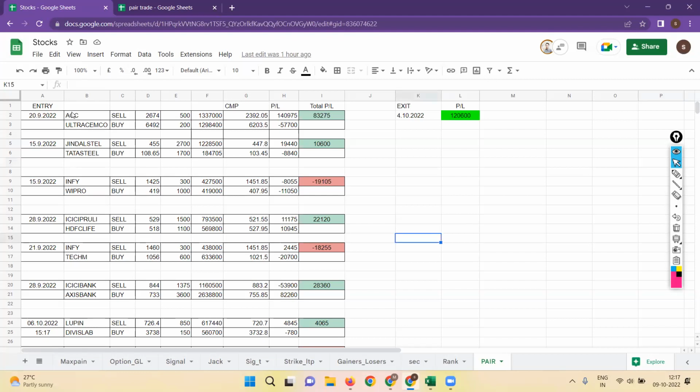For example, in ACC and Ultratech Cement, on 28th September it came into our price ratio criteria. At that time, sell ACC and buy Ultratech Cement.